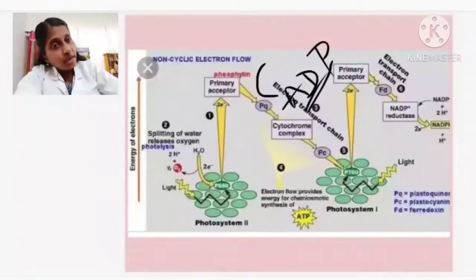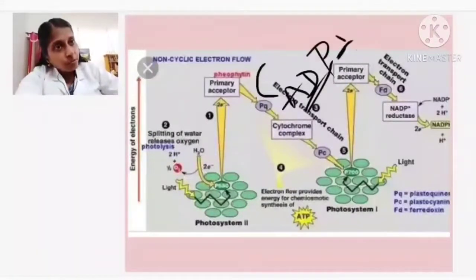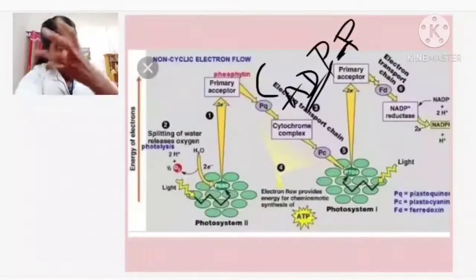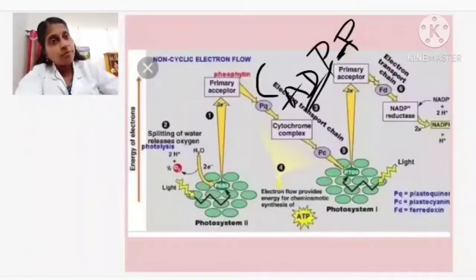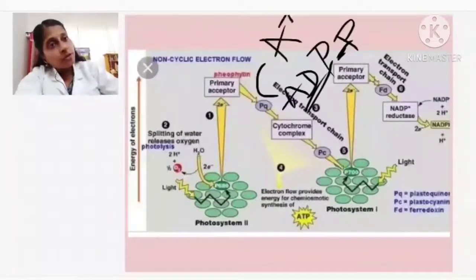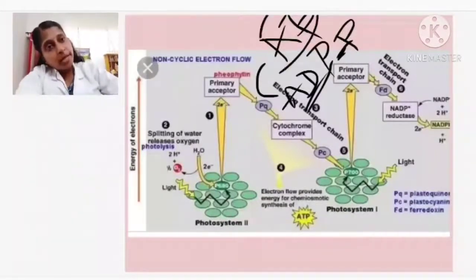What is ADP? Adenosine diphosphate is using that energy, taking the energy, and combining with phosphate by forming a bond, an energy rich bond is formed and they are getting converted into what? They are getting converted into ATP. So ADP is converted into ATP.